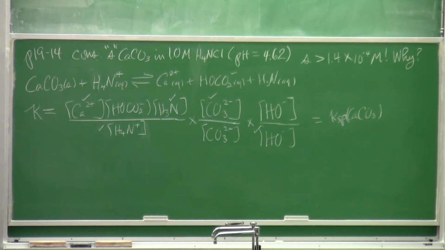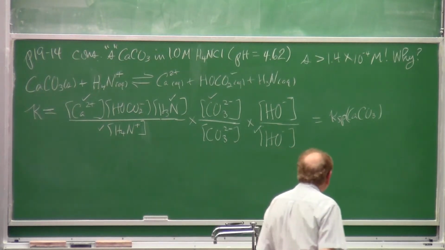But I'm not looking at ammonia as a reactant. I'm looking at ammonia as a product. So the terms I've just checked, do they correspond to Kb of ammonia or 1 over Kb of ammonia? 1 over Kb. All right. So we'll put that in.